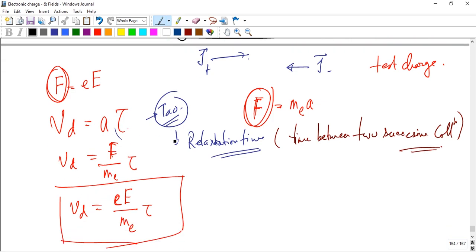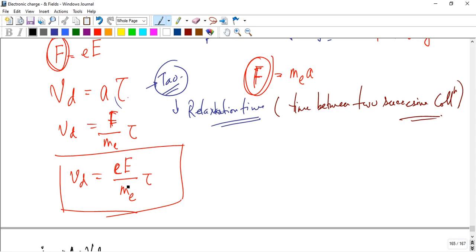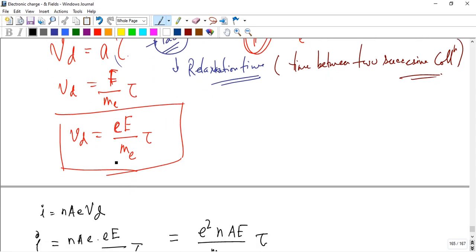Now a is replaced from Newton's second law, F by m, and this F is replaced by the electrostatic force, that is e times E, and we get the Vd expression.